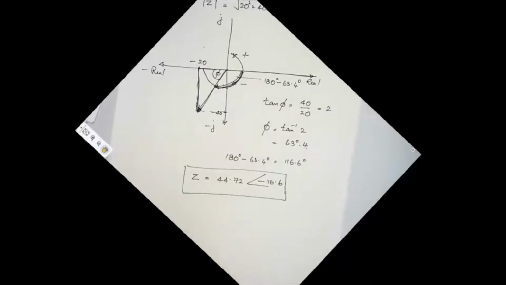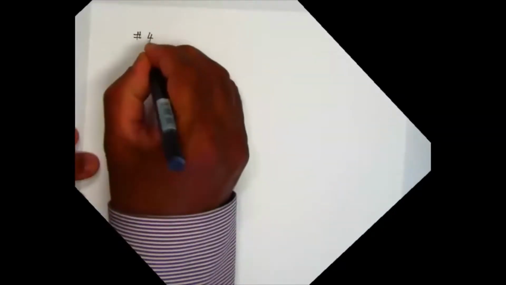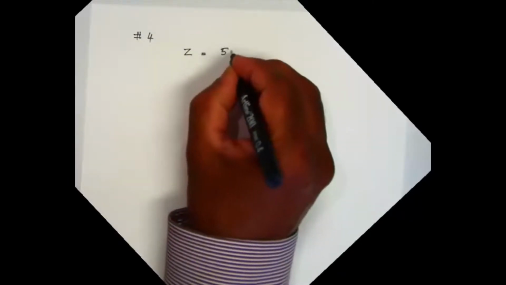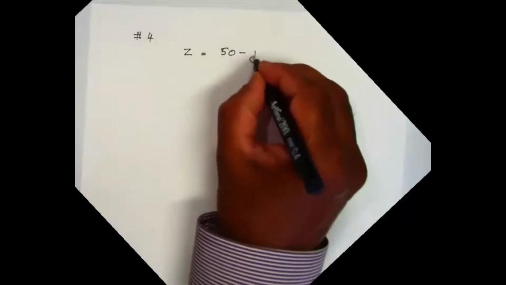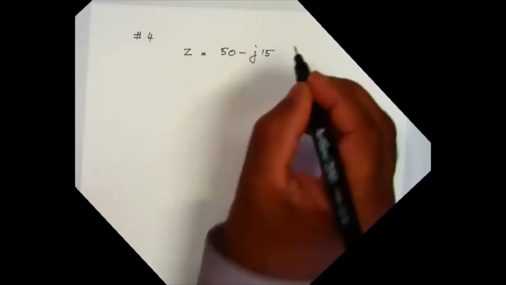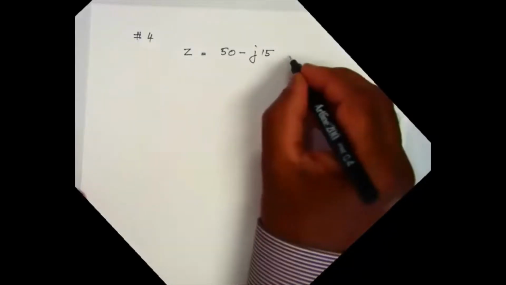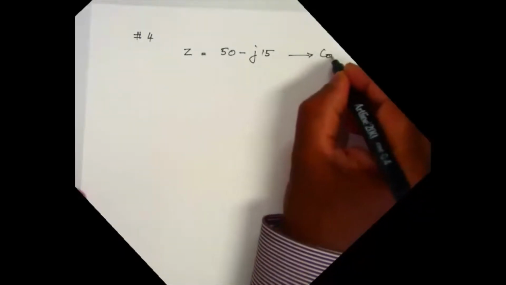So let's go to the next sum, which is number 4. That's Z is equal to 50 minus j15, and we have to convert this into polar form.